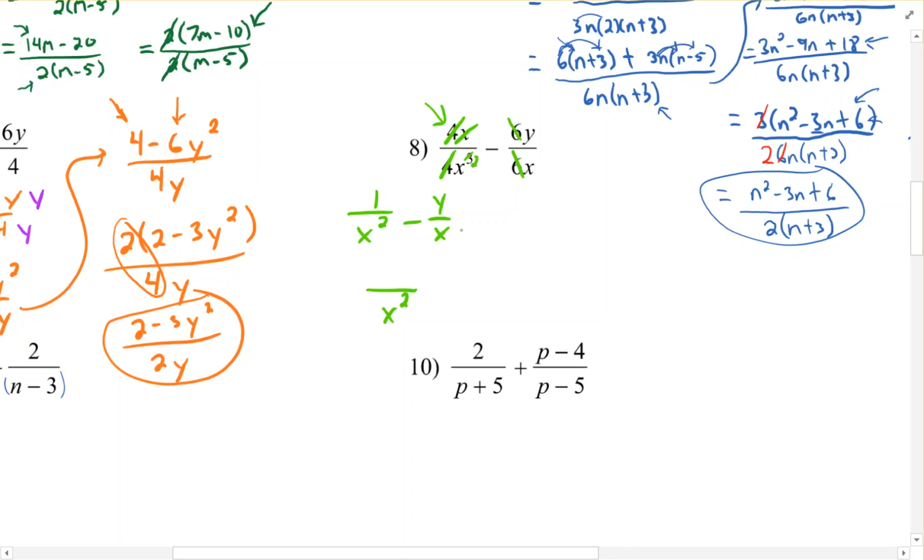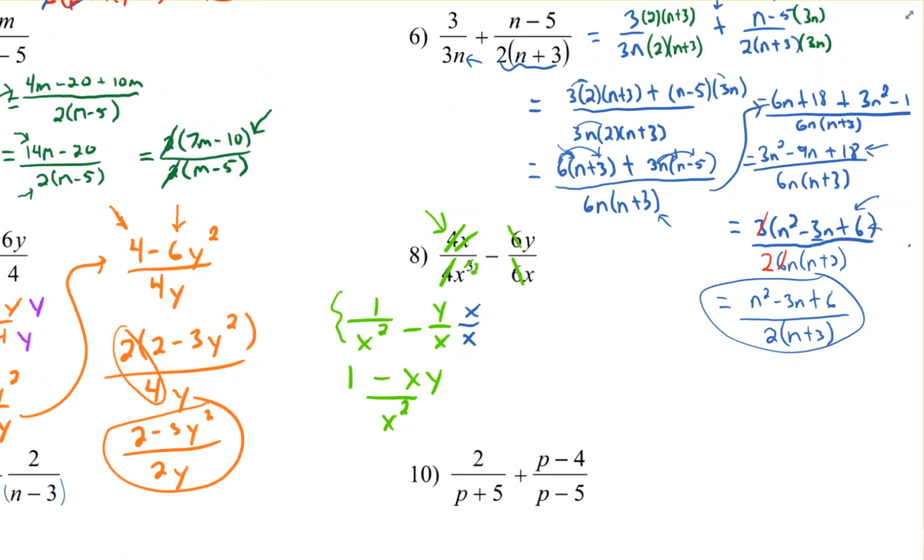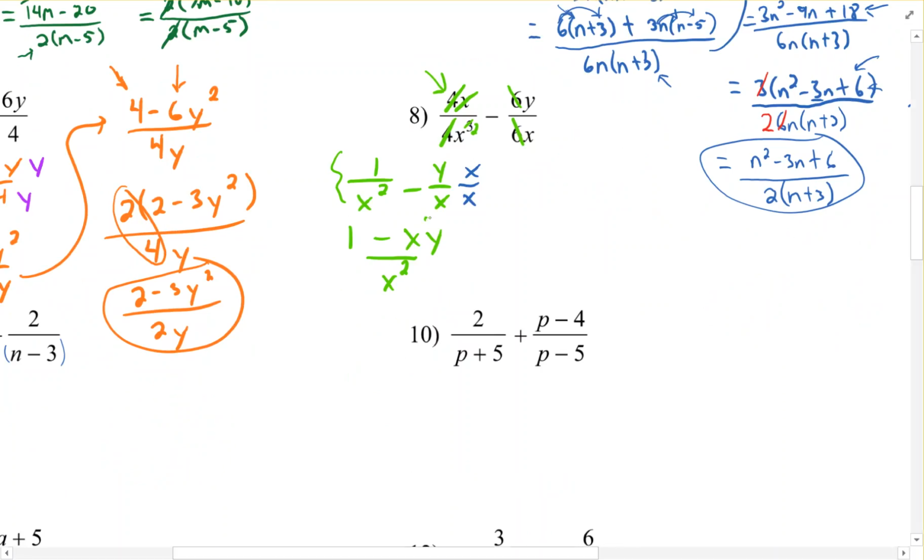I did have to multiply the right side by x, so I've also got to multiply the top by x. The top on the left would just be 1 because I didn't do anything to it, minus x times y. And that's really all we can do. No more canceling from there.